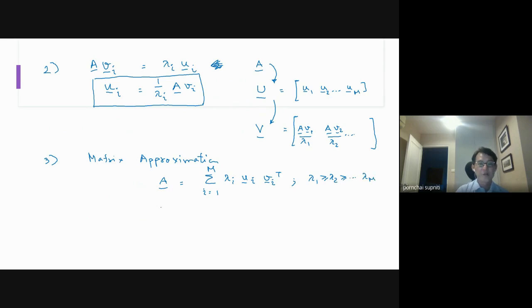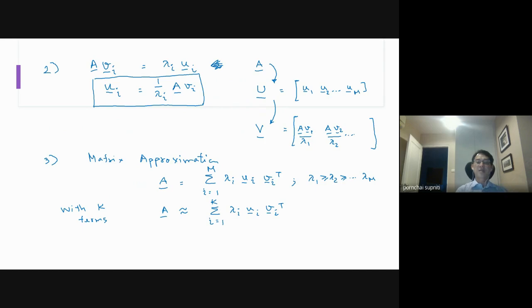Okay. So we can approximate A with the summation of, let's say we approximate with K terms. Okay. So what do we have? We have the sum from i equals 1 to K of lambda i, u i, v i transpose.